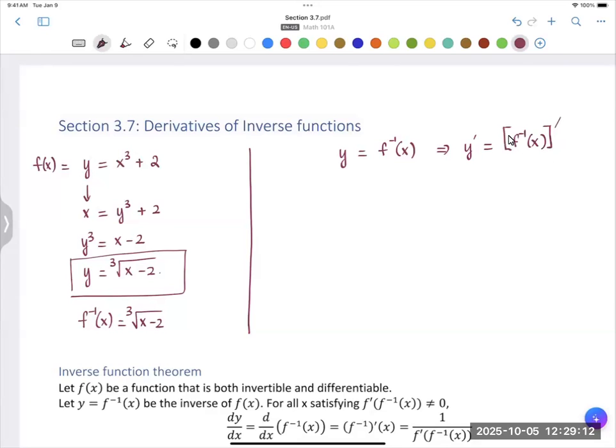So this is the derivative of the inverse function. Or we can also write d f inverse over dx. This means the derivative of the inverse function.